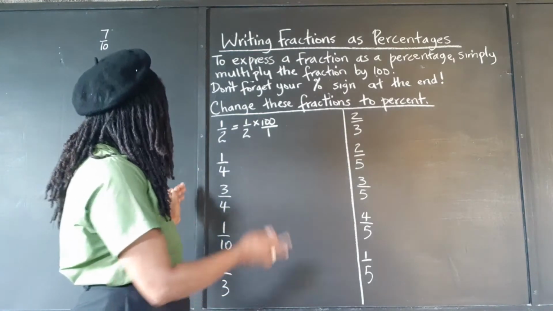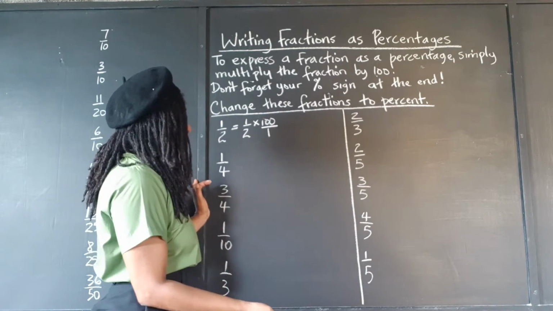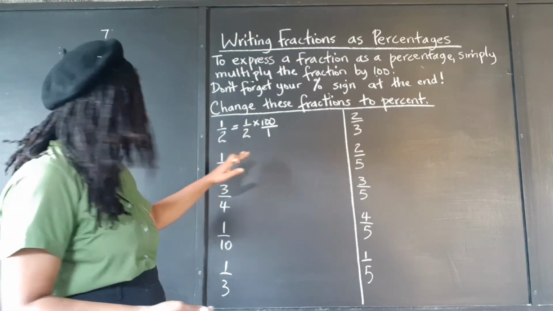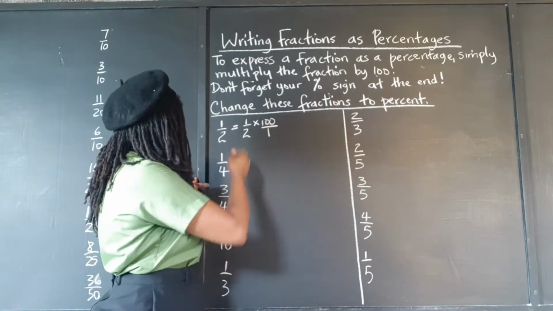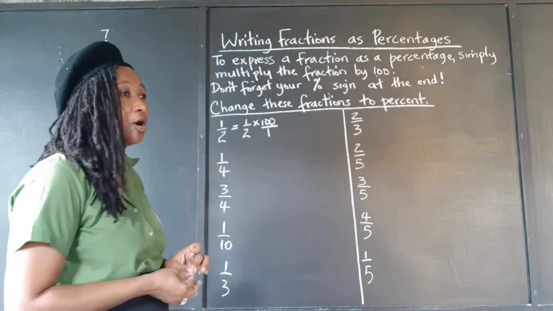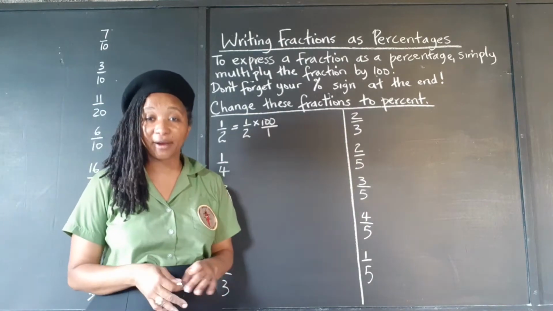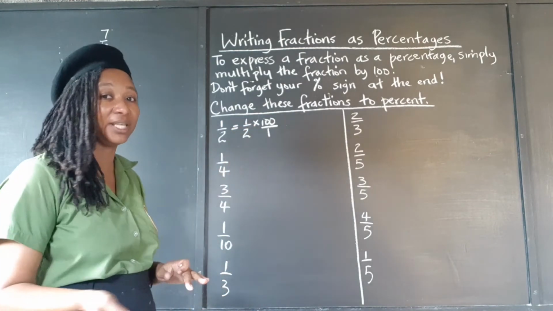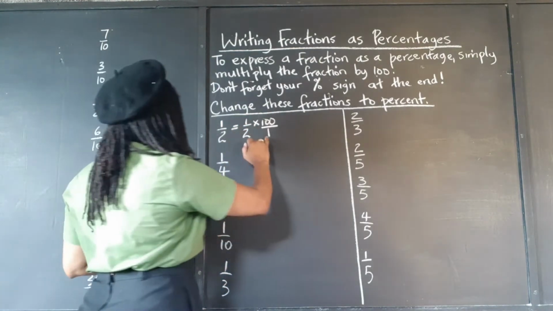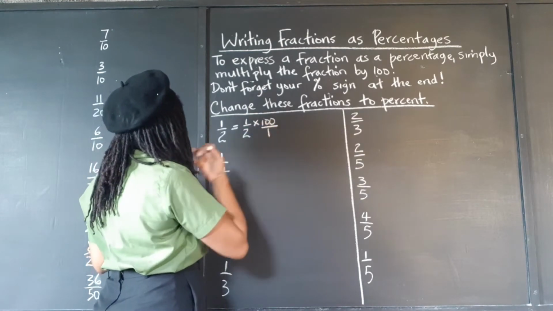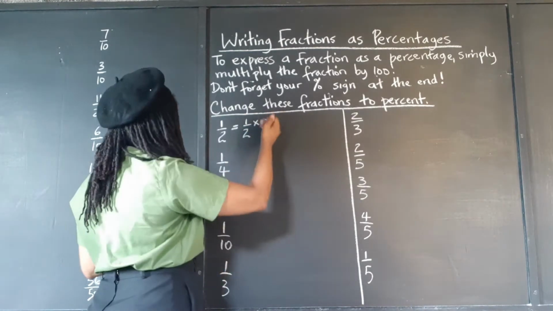So for the effects of aesthetics, if you like to see how it looks, you can do that. For the rest of them, I don't think I'm going to be putting the 1. You can if you want to, or if your teacher requires you to put that 1 there to balance things off, then please do that. I'm not going to be putting the 1, but I'm just showing you this is how you would write it, right? You're multiplying by 100 or 100 over 1.